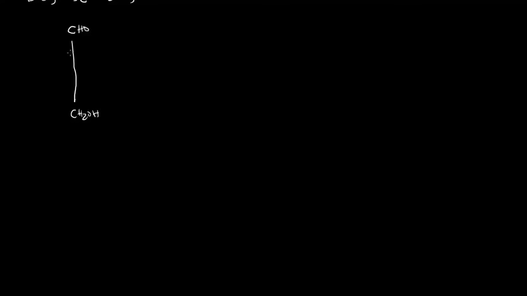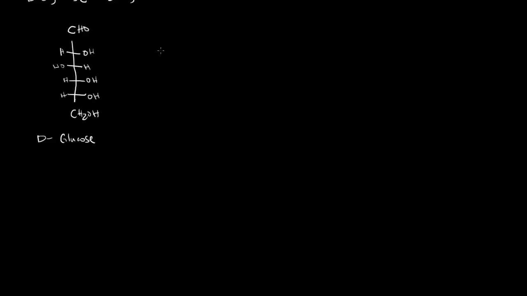Those are the 2 carbons, and then in between we have 4 carbons that have H's and OH's. So glucose looks like this. This is actually D-glucose because this last OH is on the right.